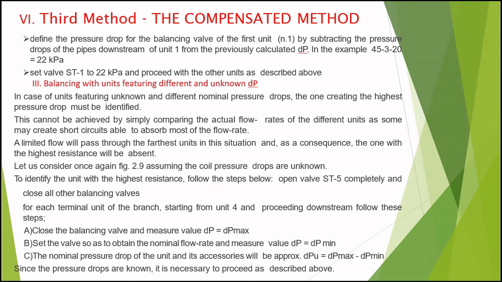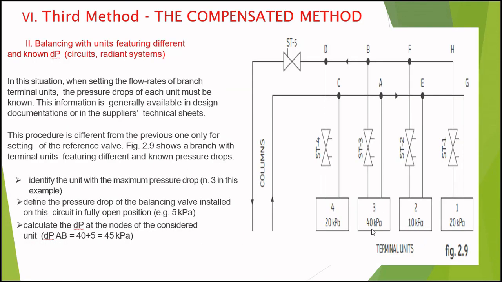Set valve ST1 to 22 kilopascal and proceed with the other units as described above. For example, ST2, 45 minus 3 minus 10, which equals 32. And ST4, 45 minus 3 minus 20, which is 22 kilopascal.